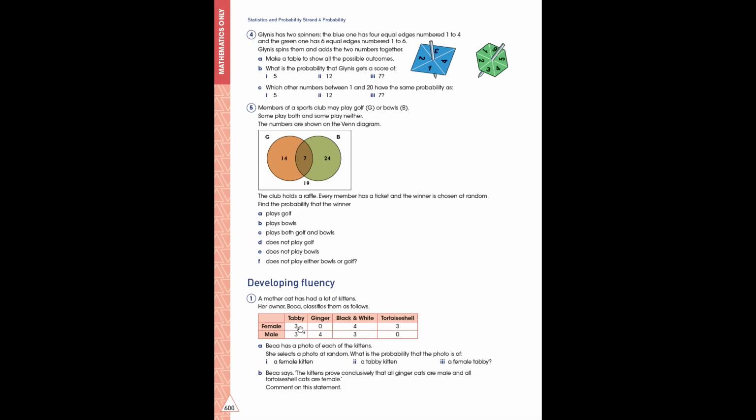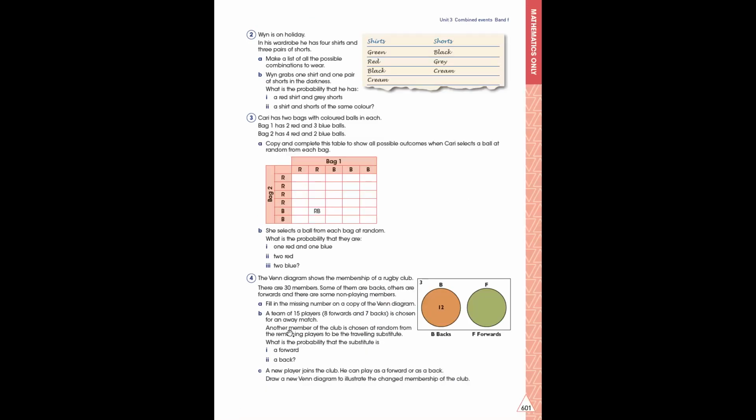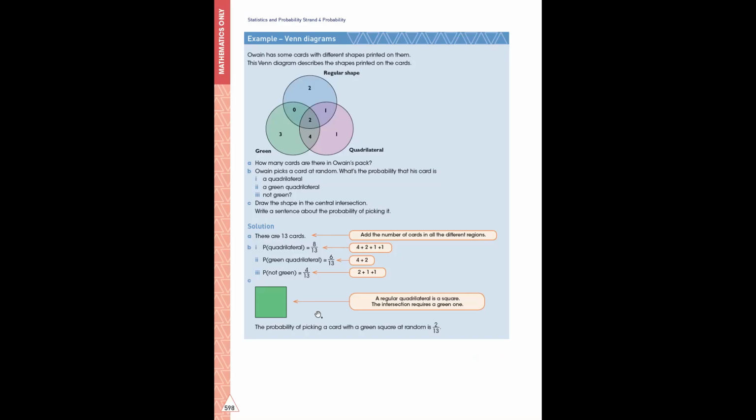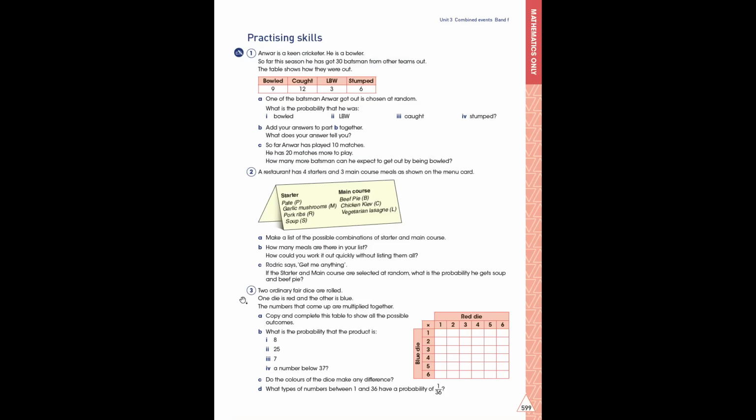So that's only 3 questions, and then developing fluency up to question 4. So, like I say, we start on question 3, on page 599. Okay, good.